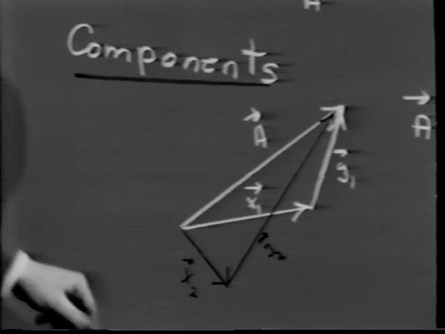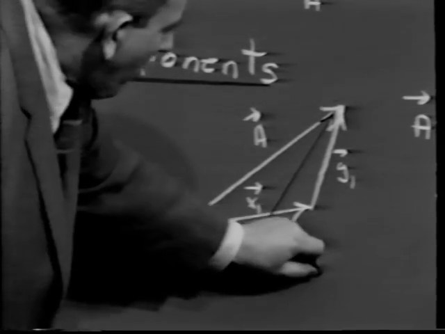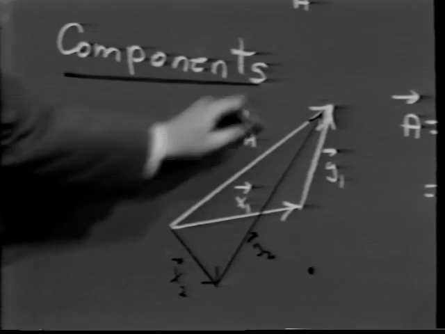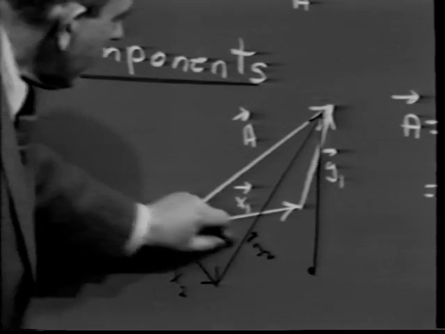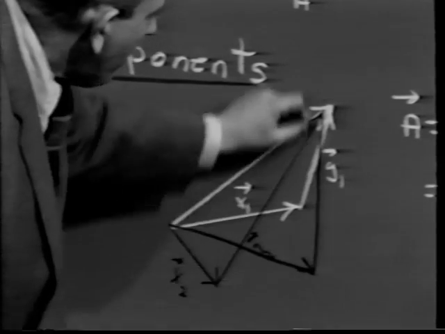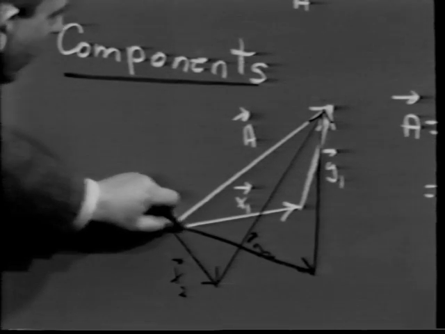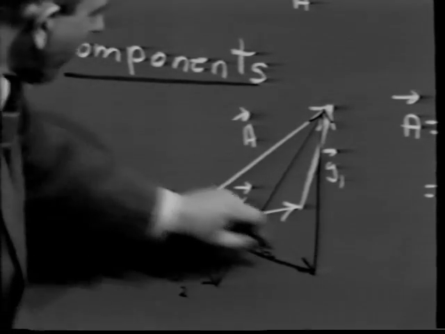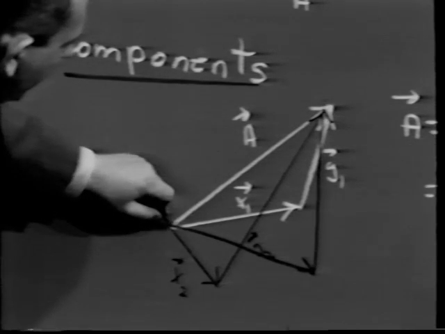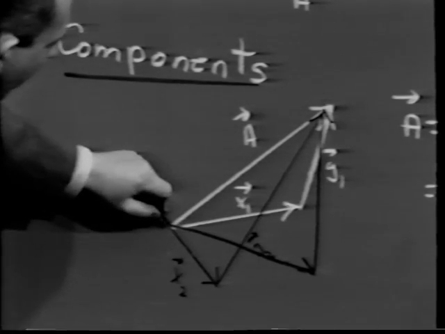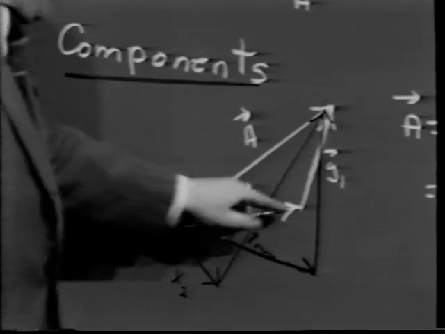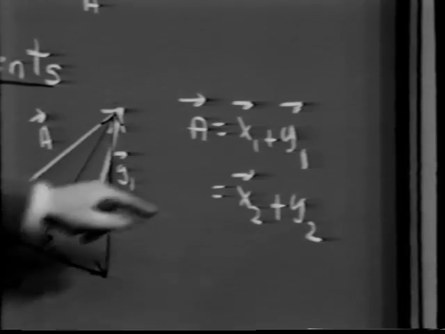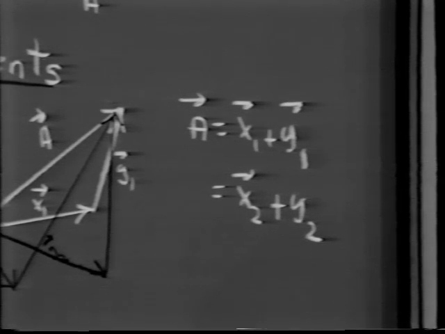In other words, to generalize this, if I picked any point I wanted on the blackboard here and drew any two lines, one going from the tail of A to this point and one going from this point to the head of A, notice that the resulting two vectors, this vector plus this vector, by definition of vector addition, head to tail, from the tail of the first to the head of the second, would still be the vector A. In other words, in terms of the diagram that I drew originally, notice that A can be written as x1 plus y1. It can also be written as x2 plus y2.